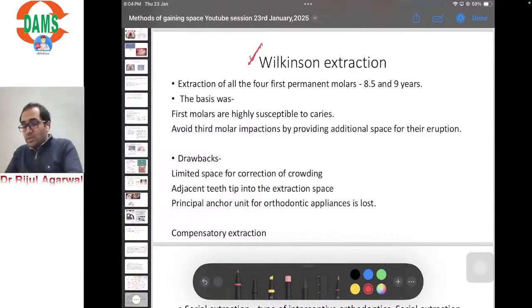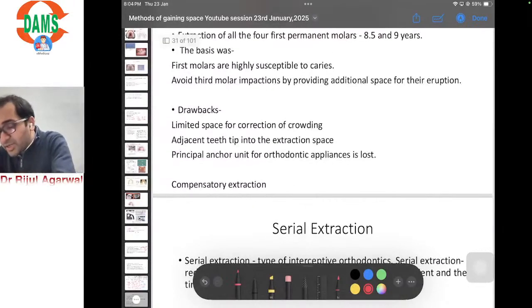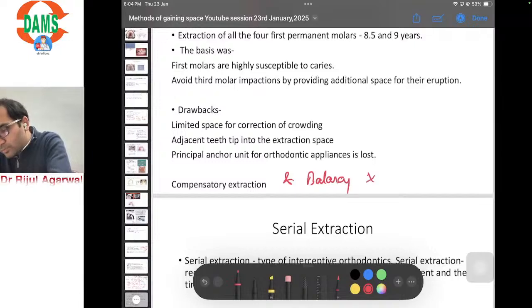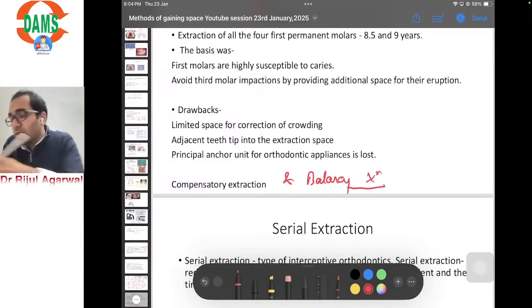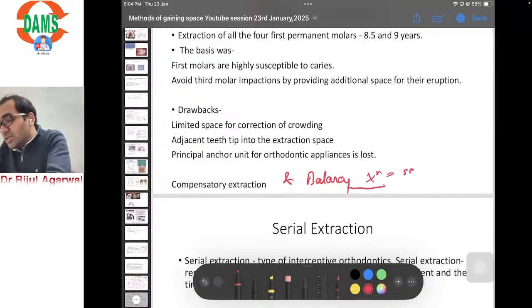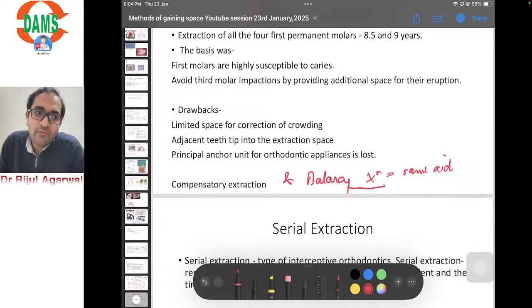Next comes two terms, compensatory extraction and balancing extraction. So what are compensatory and balancing extraction? Balance means to balance out, meaning extraction in the same arch. Supposedly we take out the first molar from the upper right side.